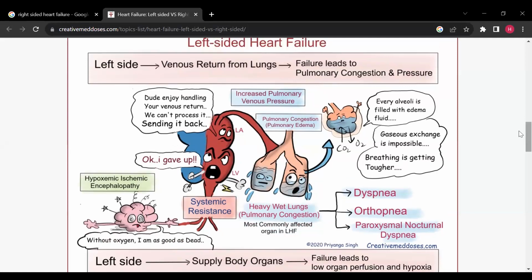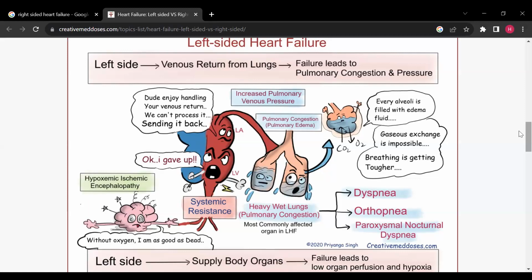So the first one, left-sided heart failure. Like Fatma said, heart failure overall is a disorder of the cardiac muscle that impairs the ability of the ventricle to fill or eject blood. So like Gaia said, the heart cannot meet its metabolic demands.